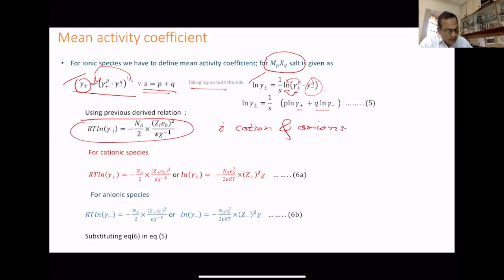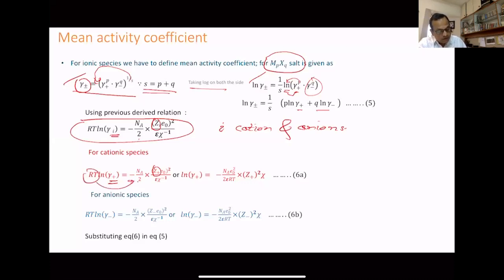So we have two species, one cation, another anion. Instead of i I have to put now plus. So this is for cation: RT ln gamma plus is equal to just the same thing I have written here, only instead of Z_i, I wrote Z plus. I took the RT down here.